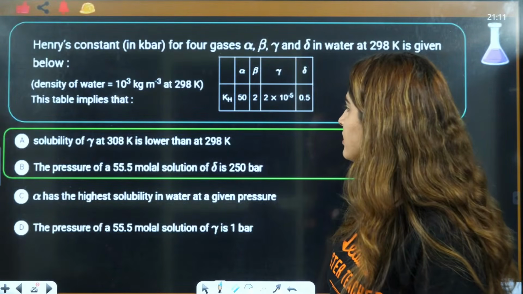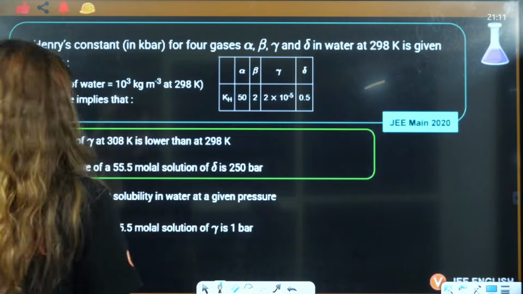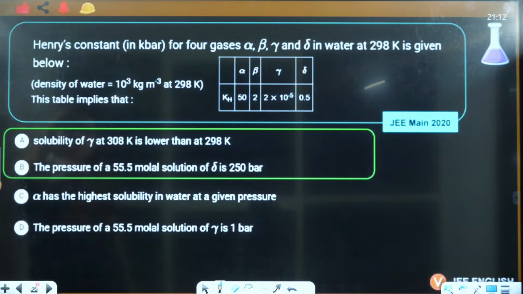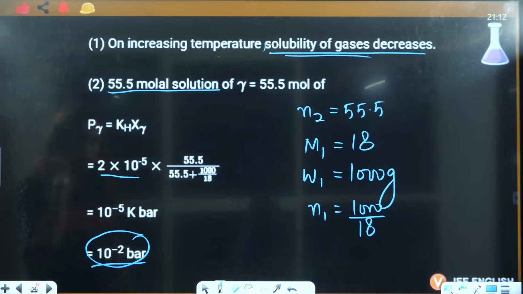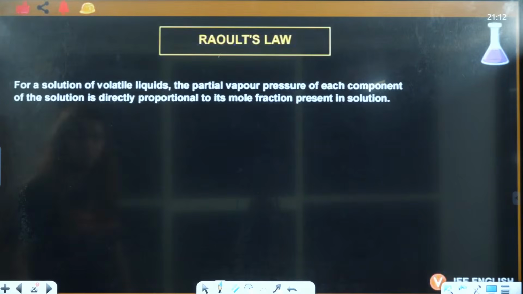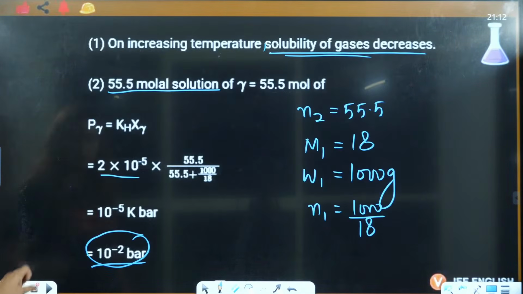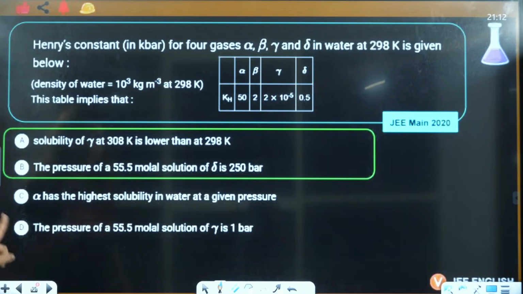Wait a minute. Are they asking which of the following the table implies? 250 bar? 10 raised to power minus 2 bar. Wait a minute. Alpha has higher solubility at a given pressure.